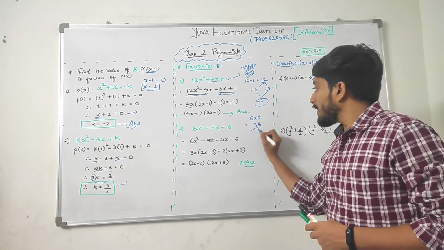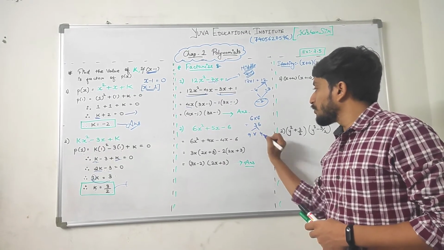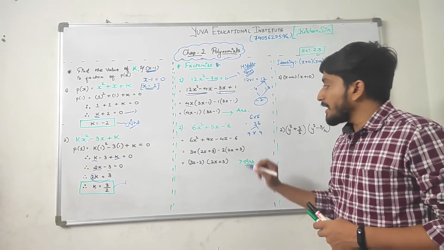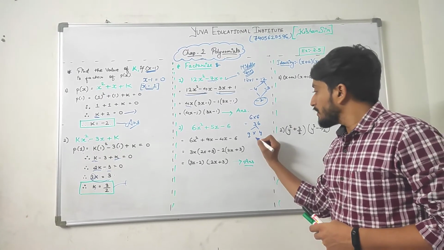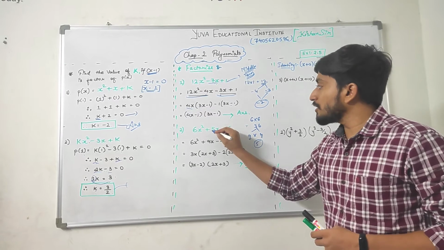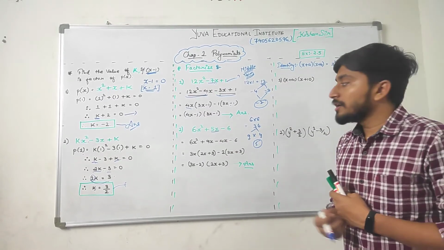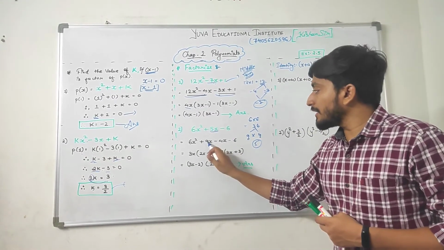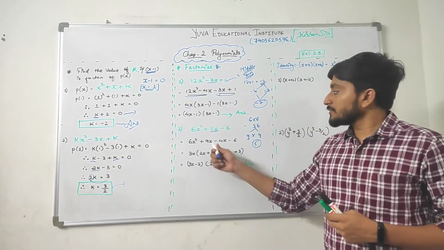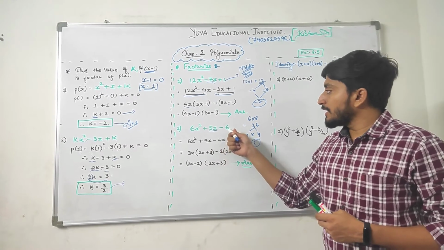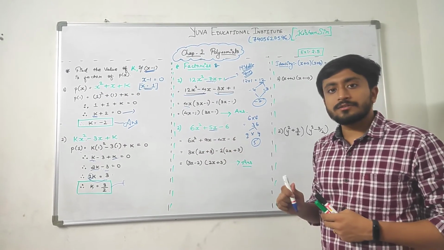We have 9 fours are 36, 9 into 4 becomes 36, and if we subtract 9 minus 4, it will give you 5. That is your middle term, right? Instead of 5x, you can write 9x minus 4x. Clear, students? 9x minus 4x.